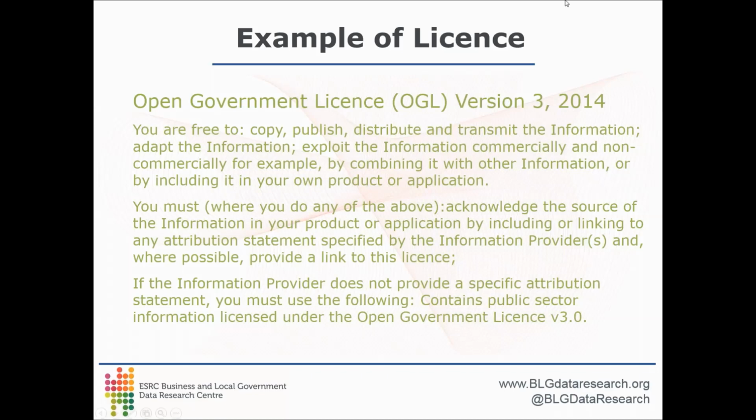You can copy it, you can transmit it. Very importantly, you can exploit the information commercially, combine it with other information, and include it in your own product and application. That is very, very different from the sorts of terms that existed a number of years ago.